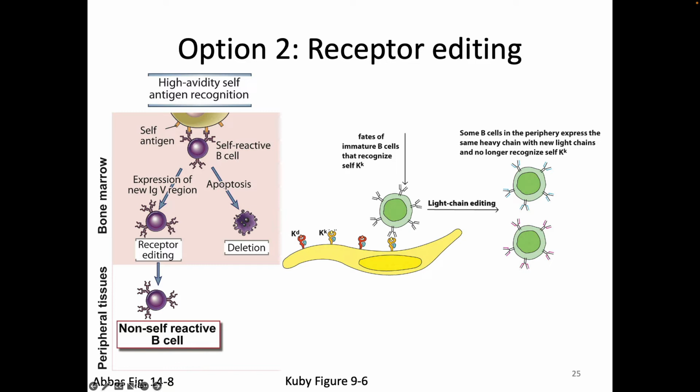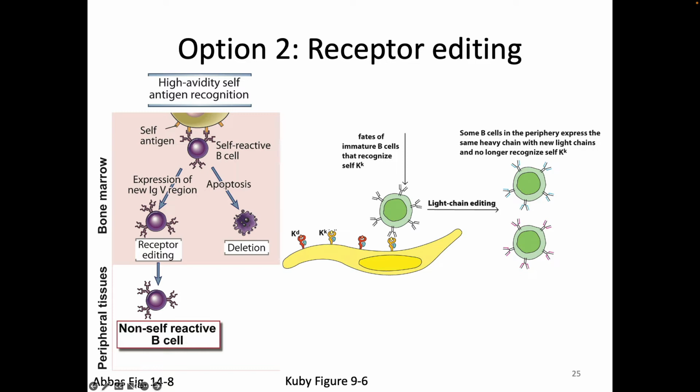There is one thing that is really, really terrible about this image on the left. When a B cell does receptor editing, the B cell specifically changes its light chain. It does not change its heavy chain. In fact, we'll talk about that in a second. So what you can see is we had this autoreactive cell on the right. It has the black light chain and the black heavy chain.